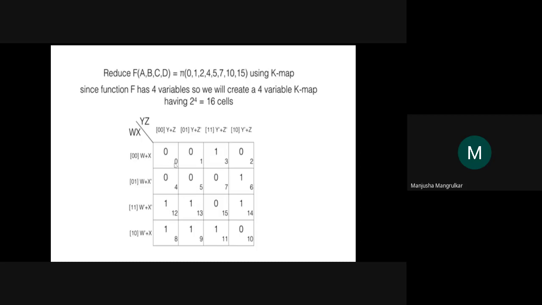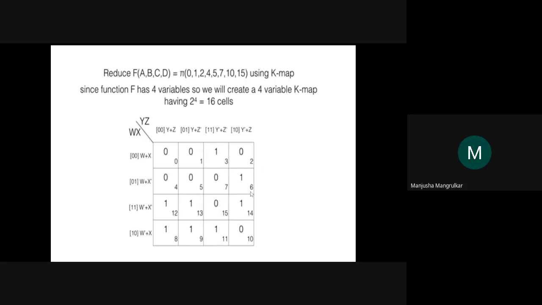Then give the numbering. The second, third step is to give the numbering of the cells, that is 0, 1, 2, 3, 4, 5, 6, 7, 8, 9, 10, 11, 12, 13, 14, 15. This numbering you have to do by default without forgetting a cell, that is 2 here and 3 here.